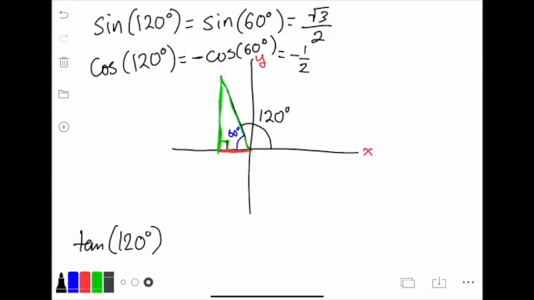So the opposite side to the reference angle 60 degrees is positive, but the adjacent side is negative. Therefore, because tangent is opposite over adjacent, the final answer is going to be negative. We get a positive divided by a negative, which is negative. So this is going to have the same value as negative tangent of 60 degrees, which would be equal to negative square root of 3.